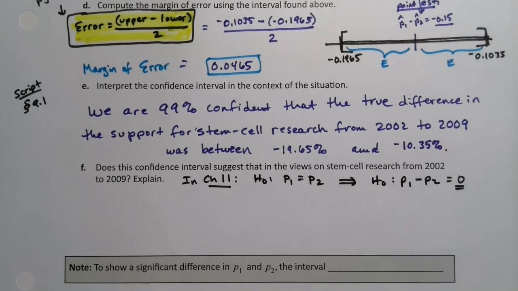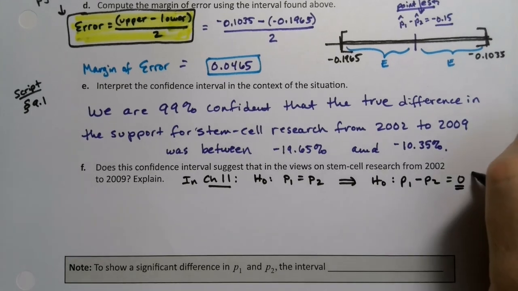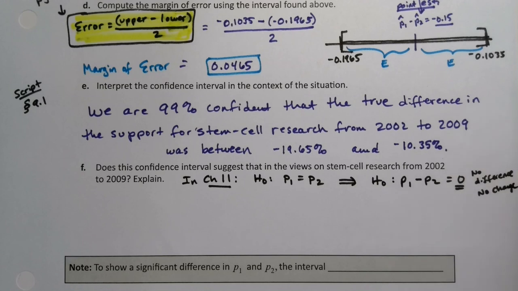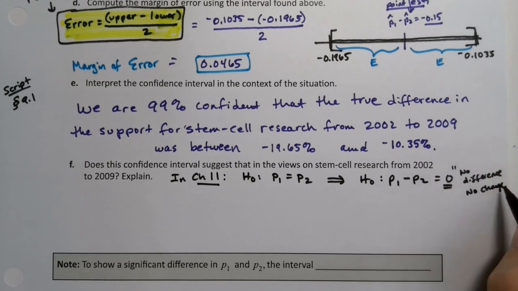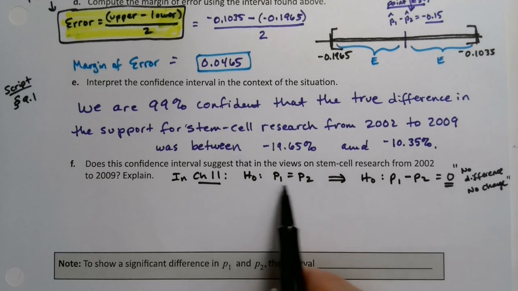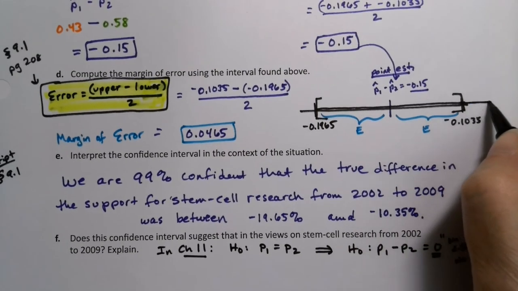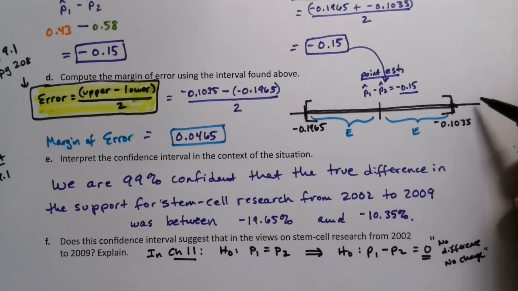If there's no difference, then 0 would be in the interval, right? If there's no change, no difference, then 0 would be there. That's our null hypothesis. The whole chapter is that the two groups are the same, that they're no different. Well, look at this interval. This is negative to negative. 0 is over here somewhere.